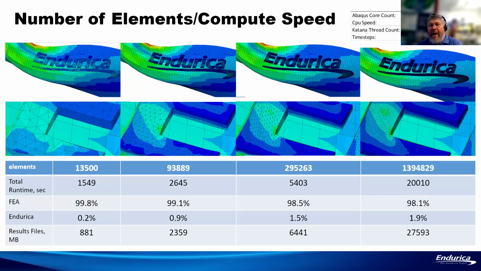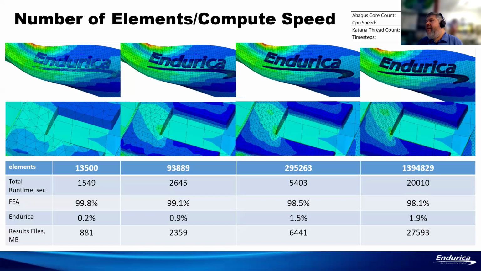We used a global local modeling scheme, so you'll notice the tire sidewall is much more coarsely discretized. The Endurica logo has been discretized at 4 different levels: a coarse discretization on the left with about 13,000 elements, a very fine discretization on the right with 1.4 million finite elements, and 2 in between levels at roughly 100,000 and 300,000 elements.